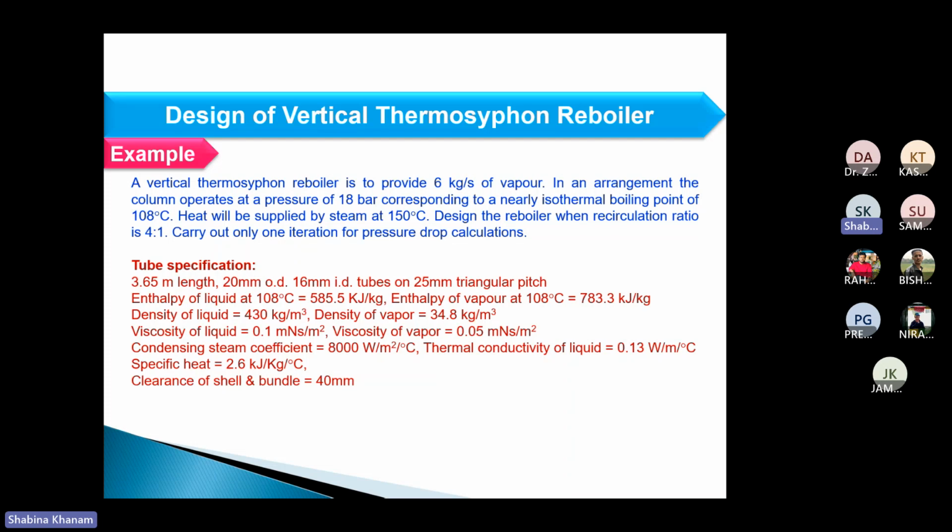Further, density of liquid is given, density of vapor, viscosity of liquid, viscosity of vapor, and the steam condensate coefficient is given while condensing, that is 8000 watt per meter square degree Celsius. That is given for the shell side, not for the tube side.